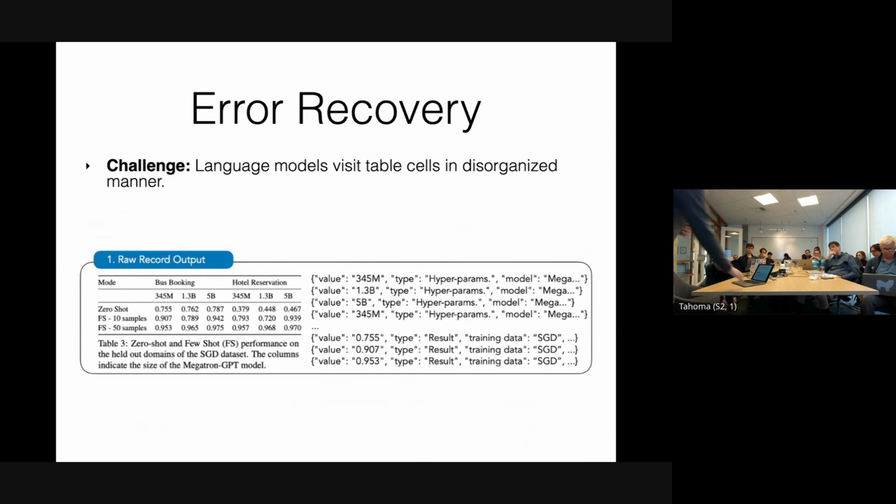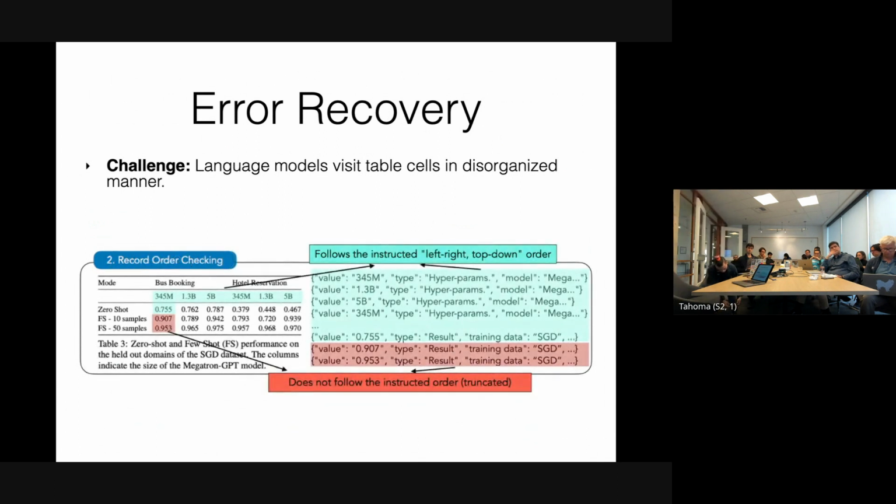Just to illustrate that, if you give it this table as input in this particular example, it'll first start by generating JSON objects across the first row of the table, which is great. But then once it gets here, it starts to go down the first column, right? You can imagine this is not a very organized way to extract the information from the table, and it's going to lead to incomplete information. It's not going to be able to get all of the cells in the table.